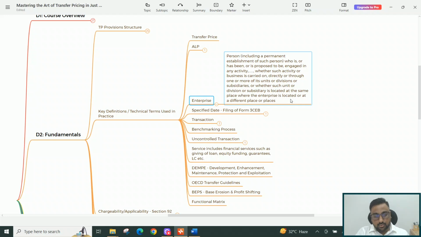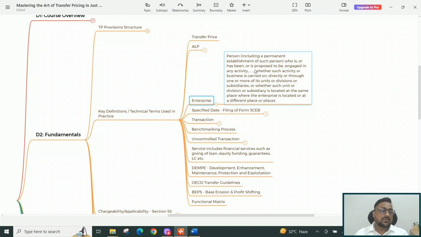In common parlance we always say the branch is just an extension of the head office, but under transfer pricing the branch will be treated as one enterprise, and the main company will be treated as another enterprise. That is why the definition says a person including a permanent establishment of such person. The person is separate and the permanent establishment is also separate, and that is what it includes in enterprise.